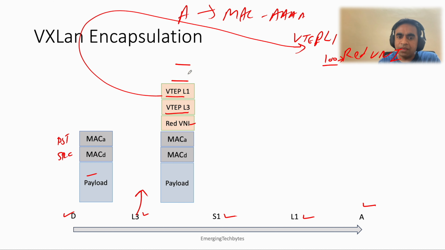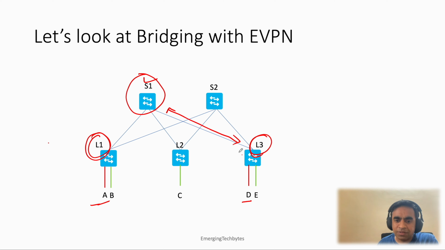If I show you this picture again, when the packet goes on this path, L3 MAC and S1 MAC, right? That's how your packet forwarding happens in the devices. So the packet is on this path now. Let's just build that animation again, right? So MAC S1. Now the packet comes to S1.